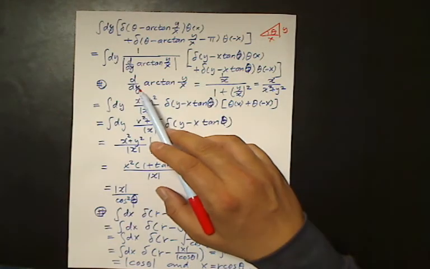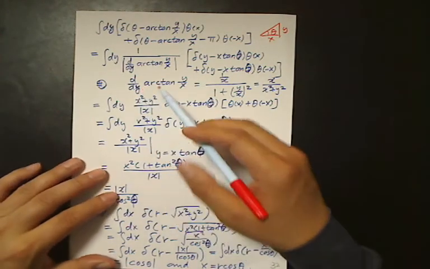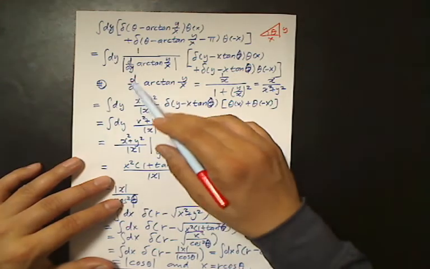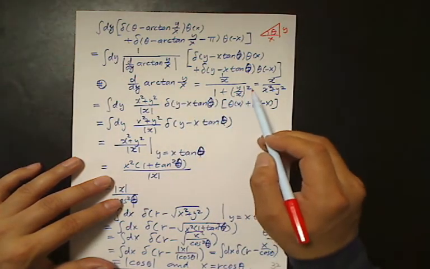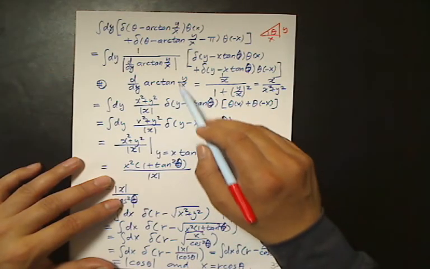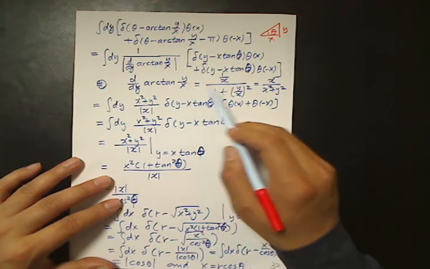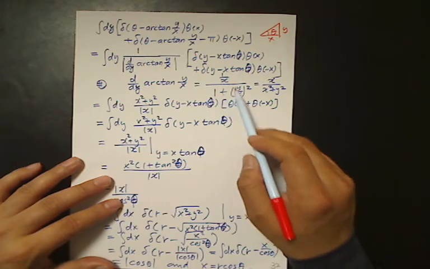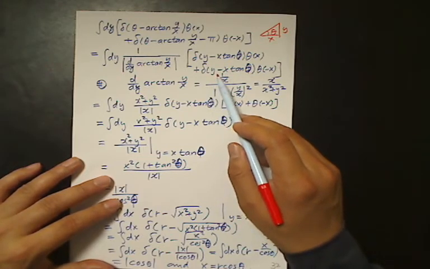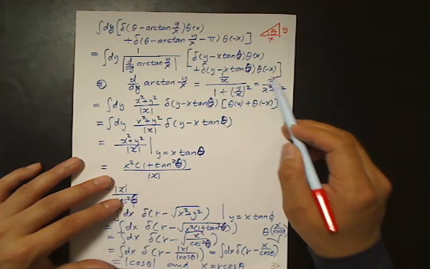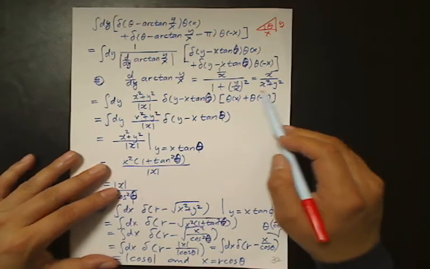So let us compute the derivative with respect to y. Arctangent is 1 plus something squared, and the derivative with respect to y is 1 over x. So as a result, if we multiply x squared to both numerator and denominator, we have x over x squared plus y squared.